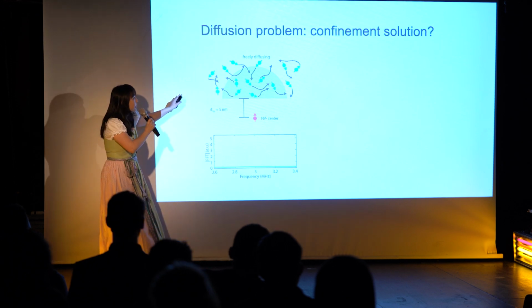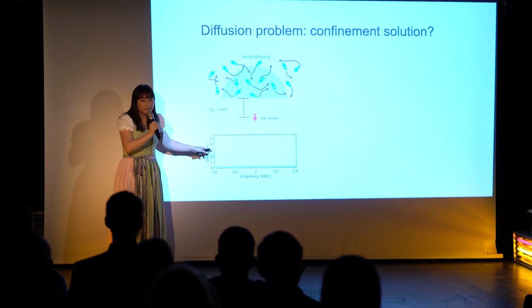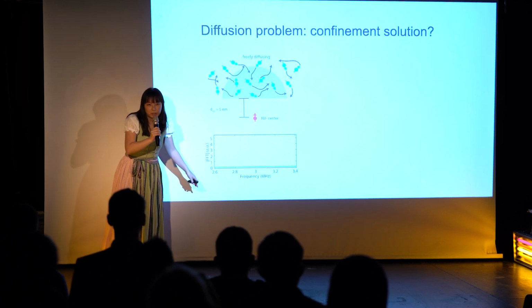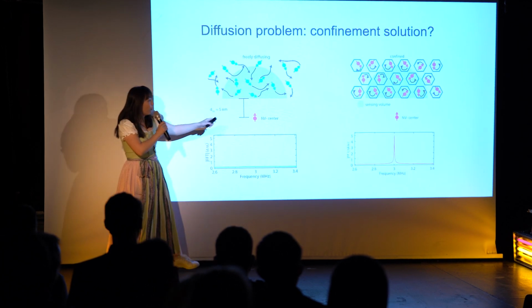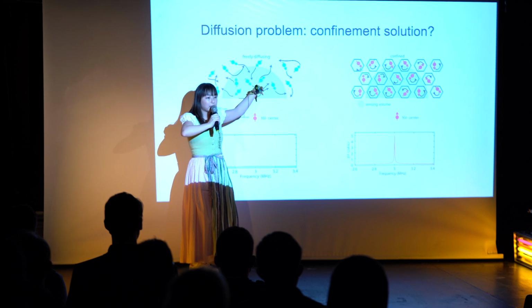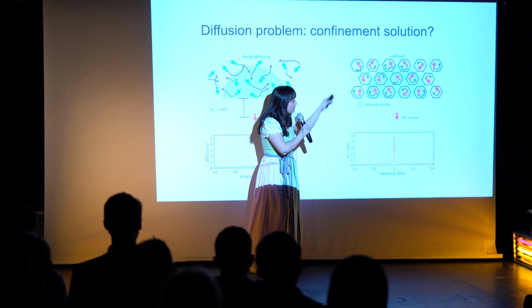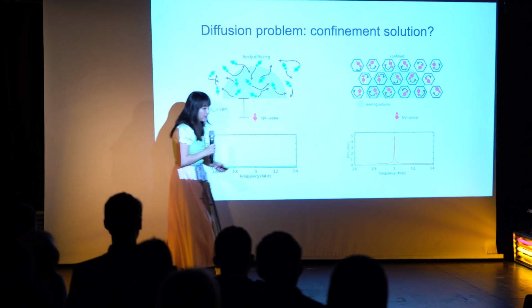So when you have fast-moving molecules, you get a signal that is lower than what our sensors can detect. However, when you confine the molecules into a small area very close to your sensors, you can get a nice signal.